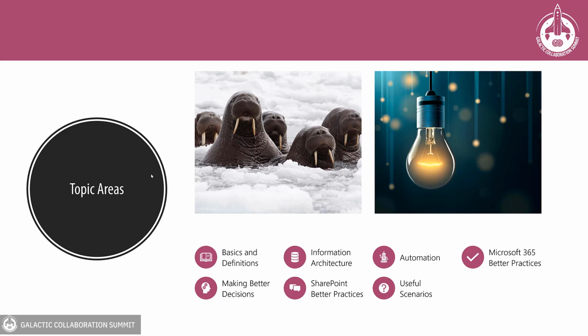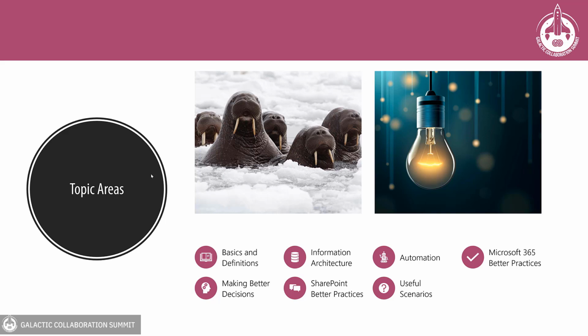Microsoft 365 better practices. I used to be a big best practices person, and I've learned over the years that there's no such thing as a best practice, but there are better practices that you can choose from depending on your situation, because as we know, it all depends. How can we make better decisions? In many cases, how you decide how to use services or how to implement them is almost like a decision tree. It's not always that cut and dry, but there's a set of criteria that you can use to make better decisions about how you solve problems.